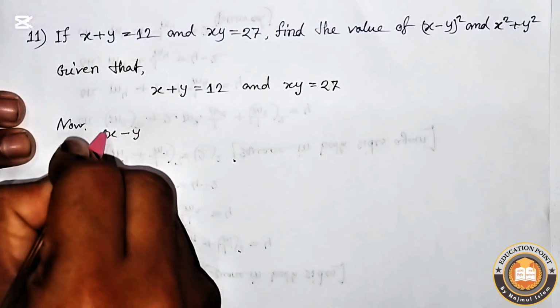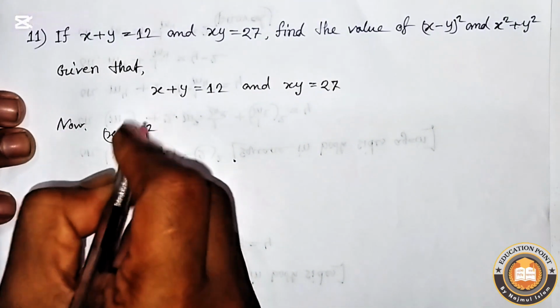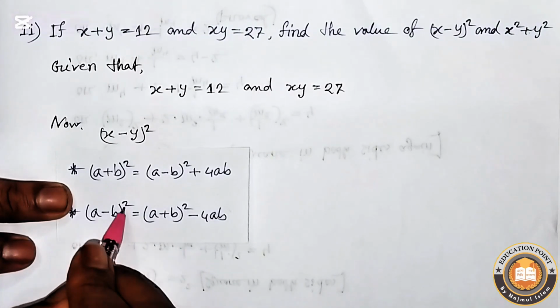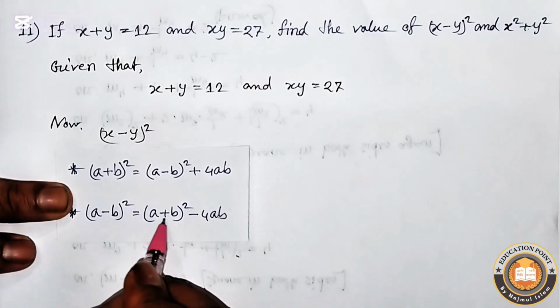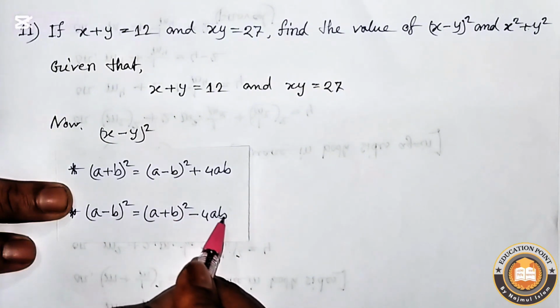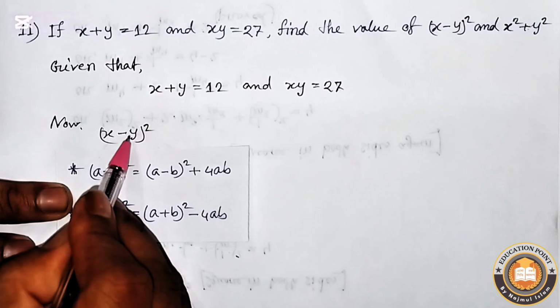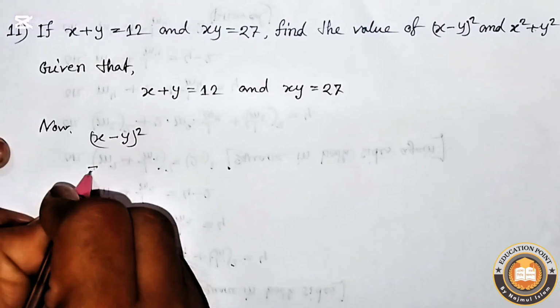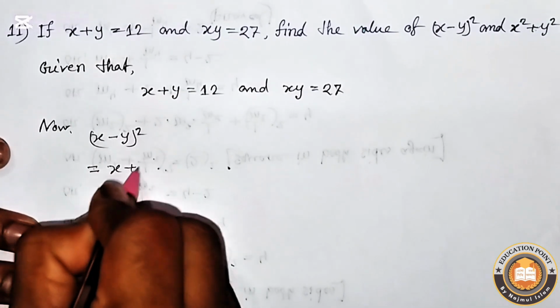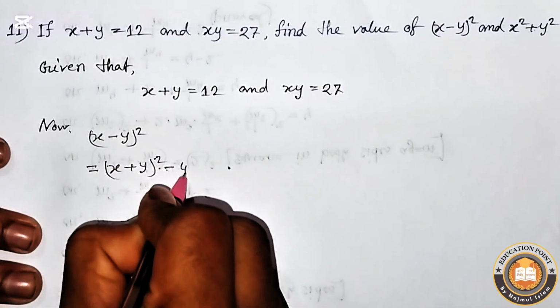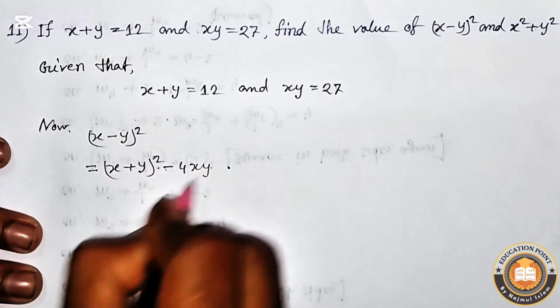Now x minus y whole square. Here we will apply the corollary formula of a minus b whole square, that means a plus b whole square minus 4ab. Here x considered as a and y considered as b, equal x plus y whole square minus 4 into xy.